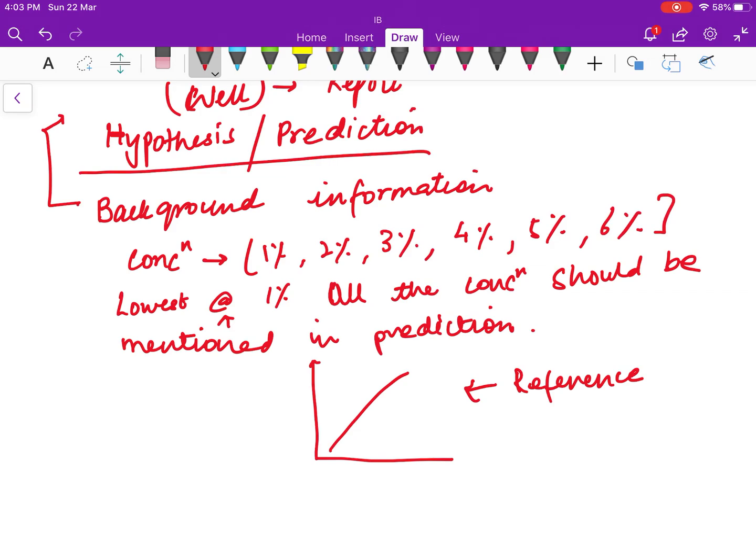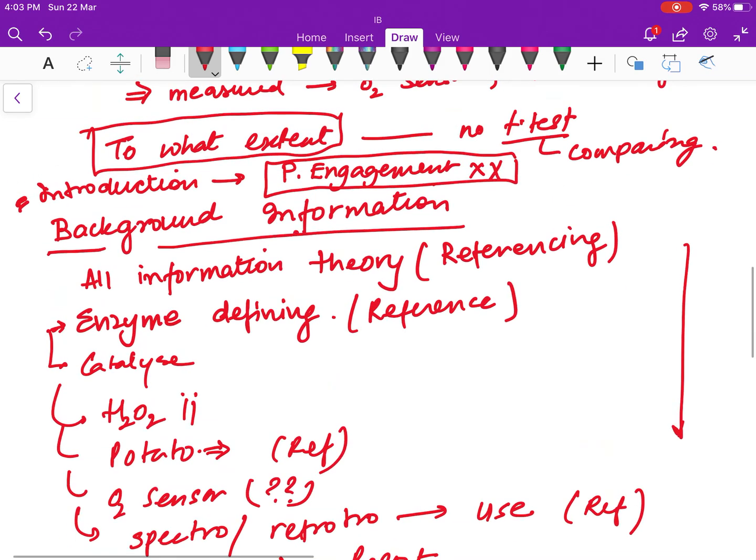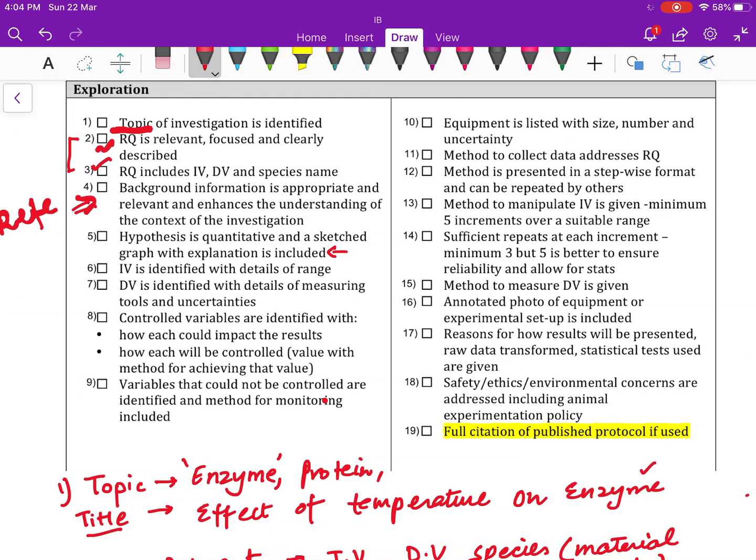But if you are not getting anything and you are making it, you can make it yourself using software, and you have to tell the source of the software used. All right. So your hypothesis and prediction must include the quantitative, the numbers should be there, and a sketch graph is more relevant if it is possible.